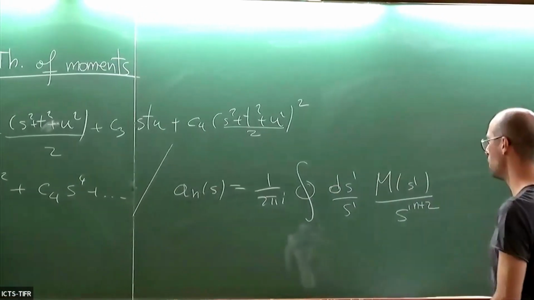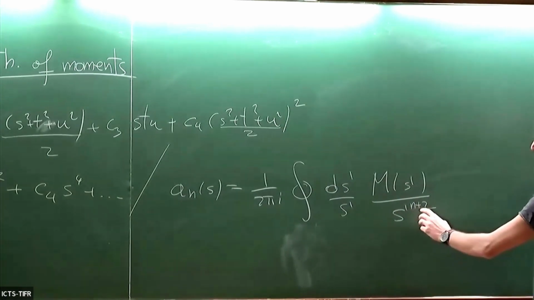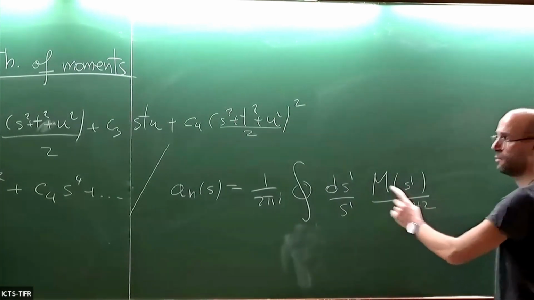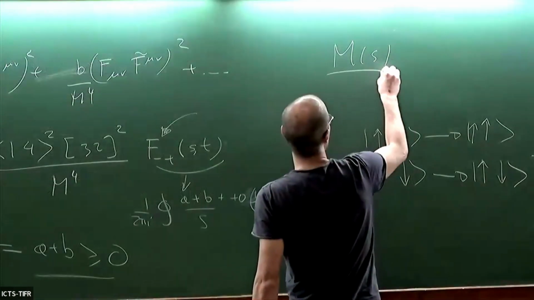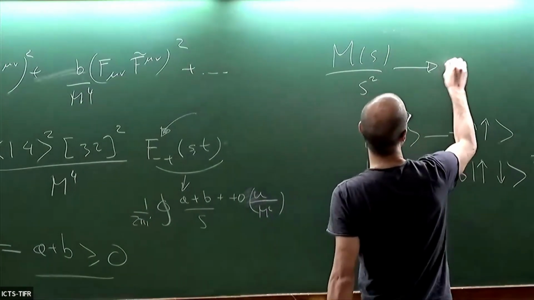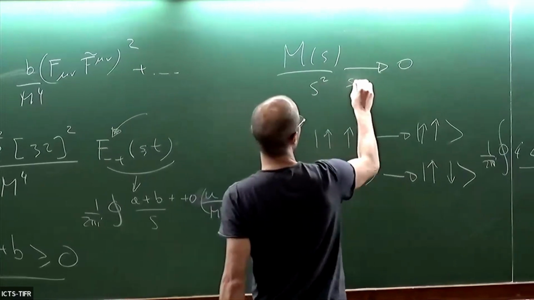So since the convergence starts from when divided by s squared, the assumptions are gone. Remember, one of the assumptions was the amplitude divided by s squared goes to 0 when s goes to infinity.